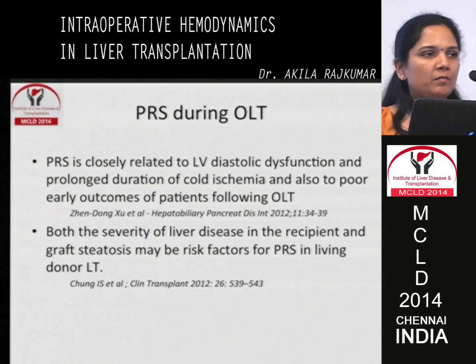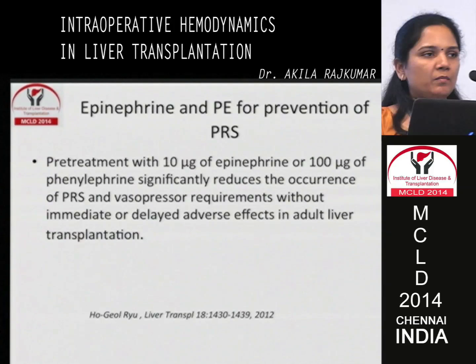In LDLT scenario, the severity of liver disease in the recipient and graft steatosis may be risk factors for PRS. And there's another finding, the evidence of LV diastolic dysfunction in a preoperative echo and prolonged duration of cold ischemia also can cause poor early outcomes of patients following OLT.